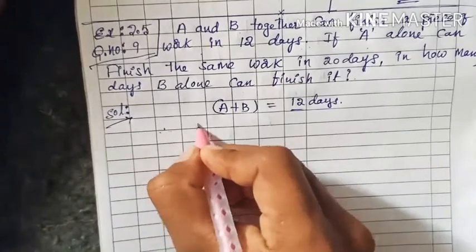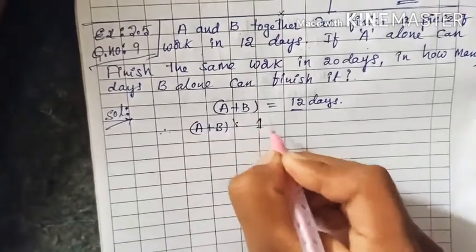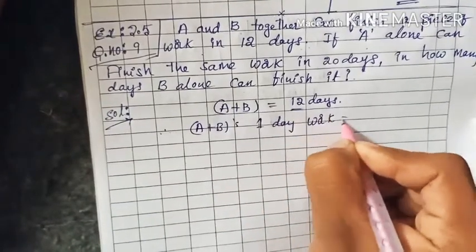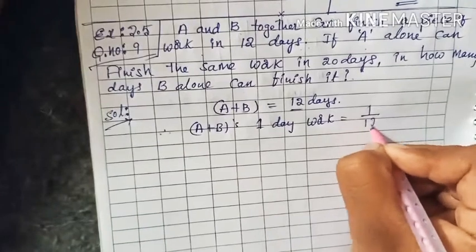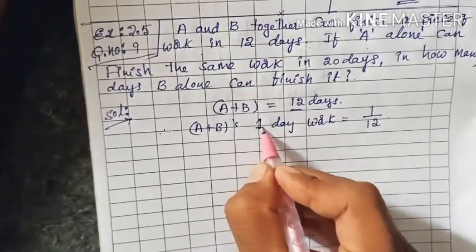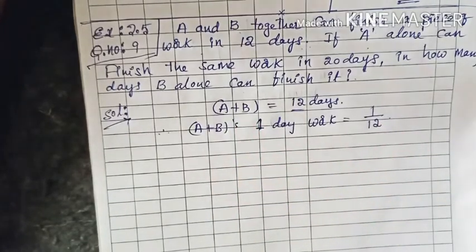Here A plus B's 1 day work is 1 by 12, because per day both can do 1/12 part of the whole work.